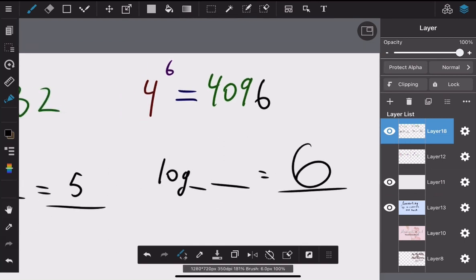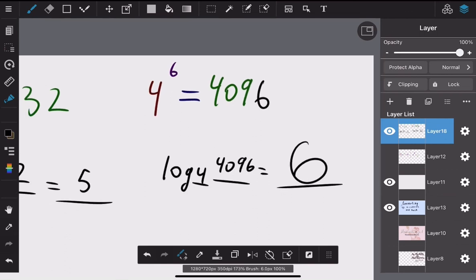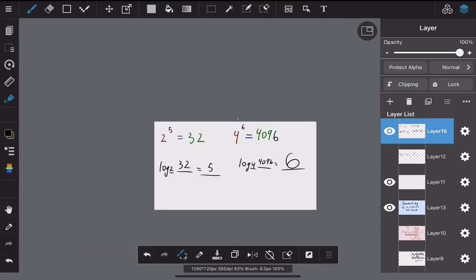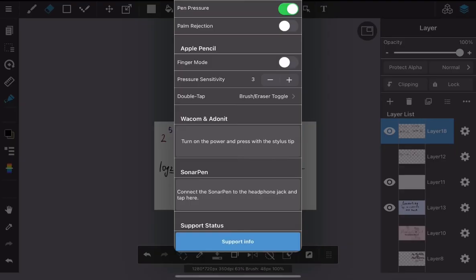Big 6. Now we know that the base in a log equation is the same as the base in an exponential equation, so that base is going to get moved over here. So log base 4 of, and then the argument, which goes in the last blank, so log base 4 of 4096 equals 6.